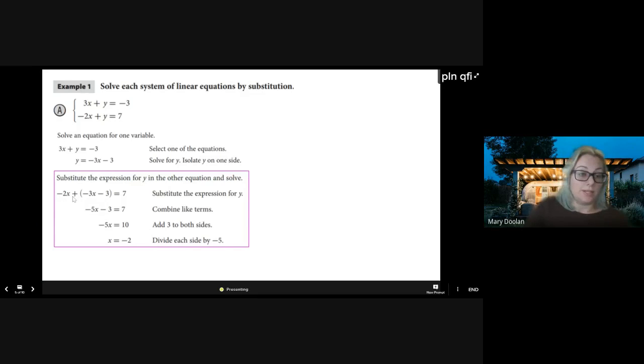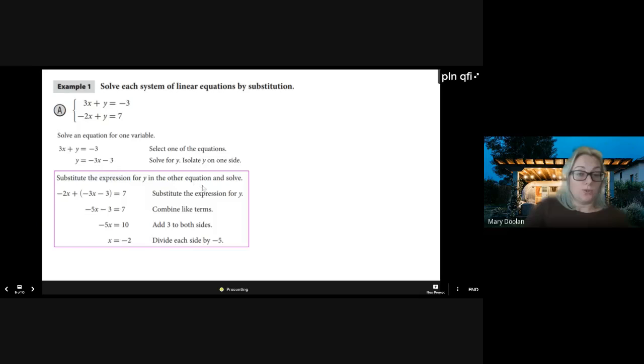Writing that out, -2x plus y equals 7, but instead of writing y, I'm going to put the thing that we figured out y is equal to in the first step: y equals -3x minus 3. So this is the substitution step. You're replacing the y with this expression.